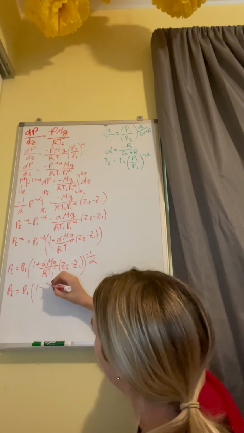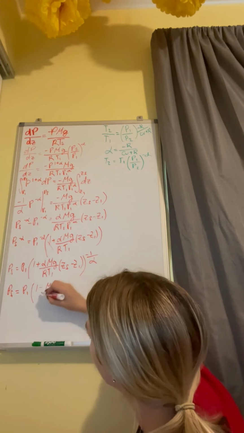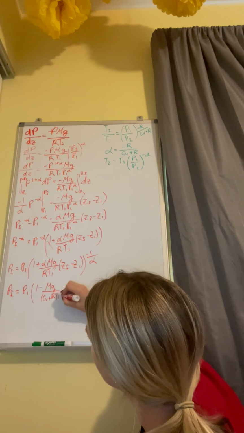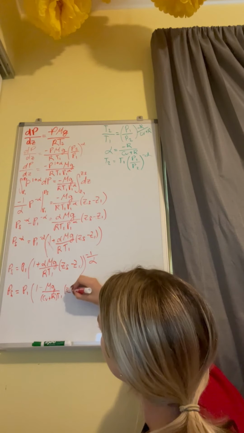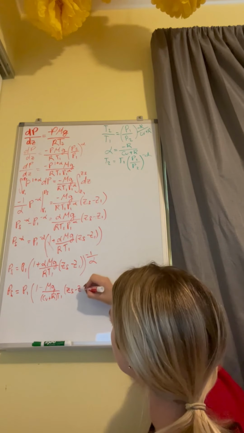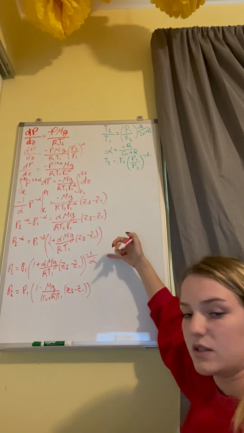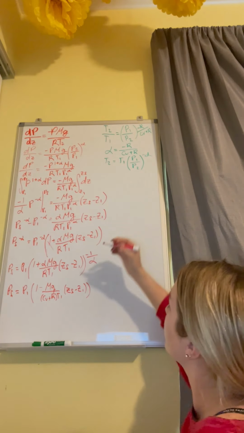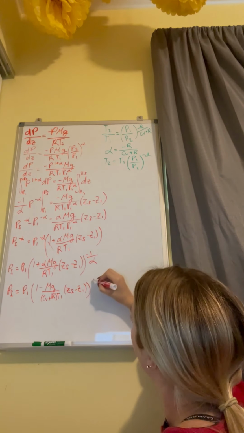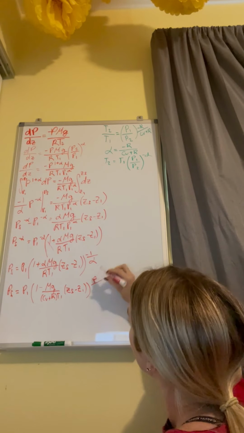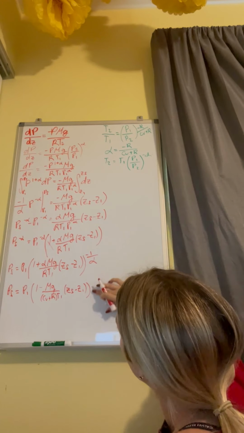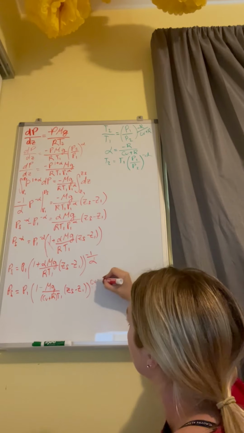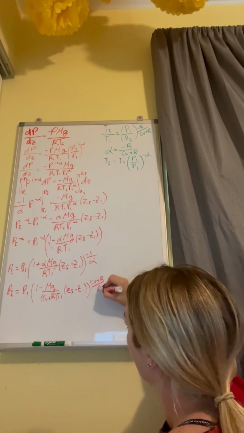So we are going to get minus mg over cv plus r times t1 times zf minus z1. Since we have the alpha on the bottom, we can just flip that fraction. So we are going to get this to the power of r over, and we can also get rid of that negative sign since both of them have negatives. We are going to get cv plus r divided by r.